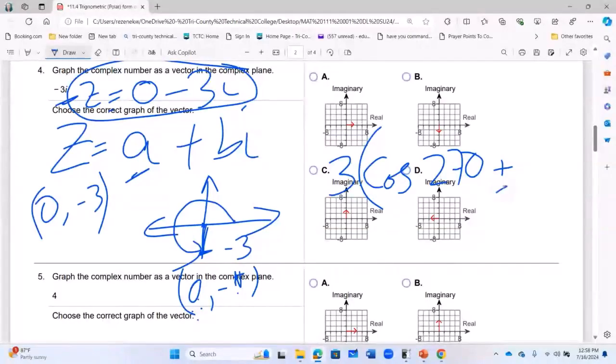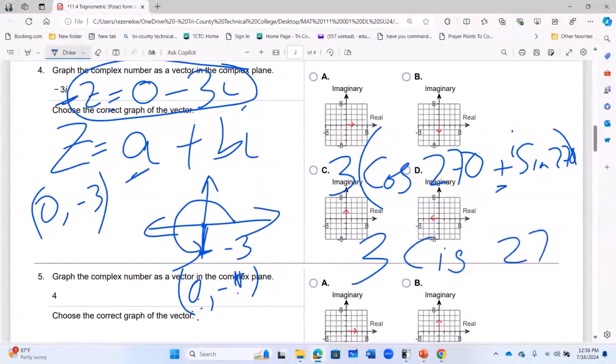So we look at the sine, 270 degrees. Sine, remember there's i here, 270 degrees. So the angle, or I can write rcis, is 270 degrees. rcis is the short form of the polar equation.